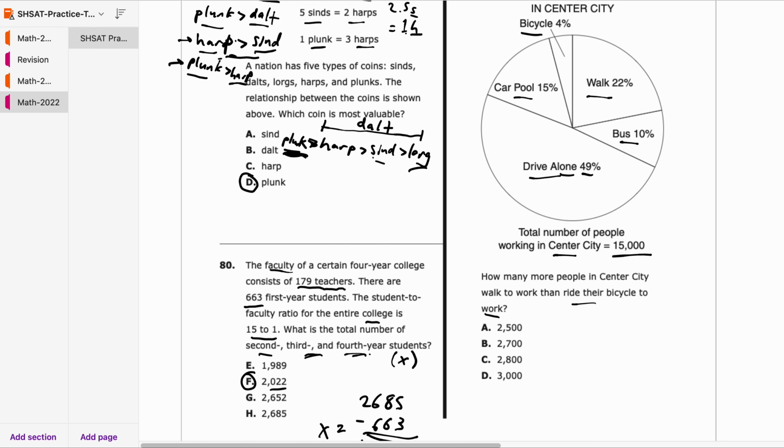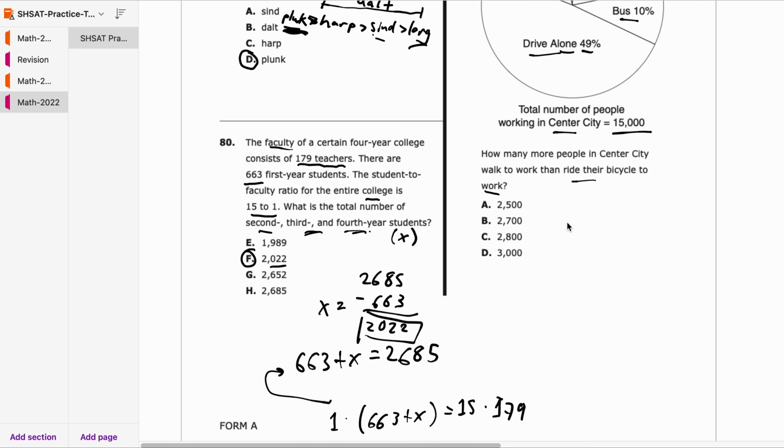Okay, so if we look at the number of people that walk to work, it's 22%. So we need to know 22% of 15,000. So I'll say number of walkers is 22% of 15,000. And so we can say that this is 22 over 100 times 15,000. So 2 of our zeros cancel out.